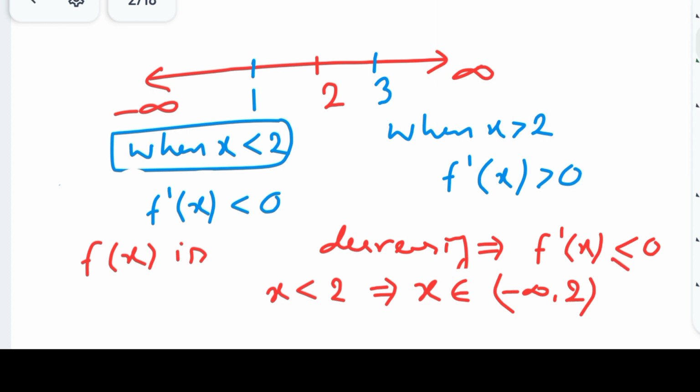And when f dash x is less than or equal to 0, obviously x is less than 2, but equal means x will equal 2. So I will include this equal value if it is only decreasing. If it is strictly decreasing, I will not include this value 2. So I hope this is also clear, strictly decreasing and decreasing.